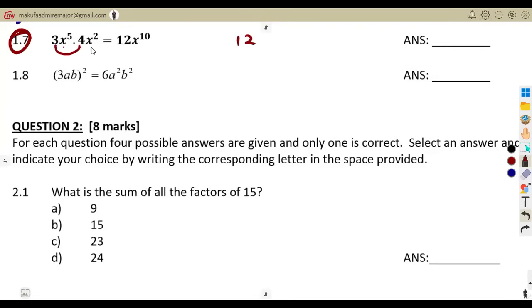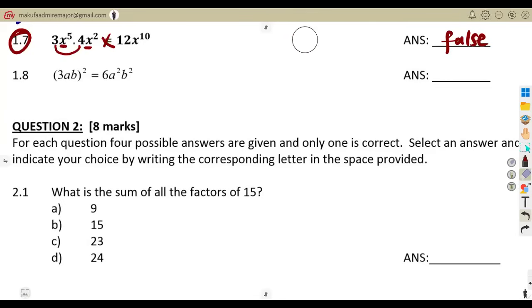But what is going to happen on x? If you're multiplying the bases which are the same, you add the exponents. It was supposed to be 5 plus 2. So it was supposed to be 12x to the exponent of 5 plus 2, which is a 7, not a 10. So this is actually wrong. So that's false.